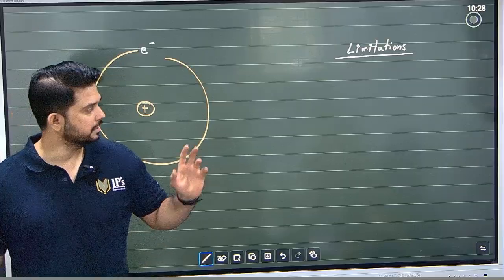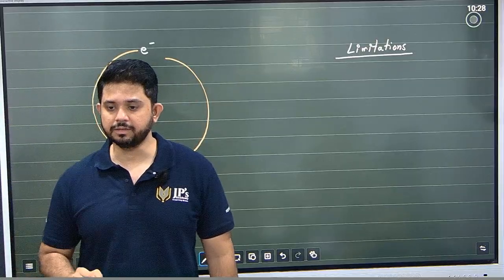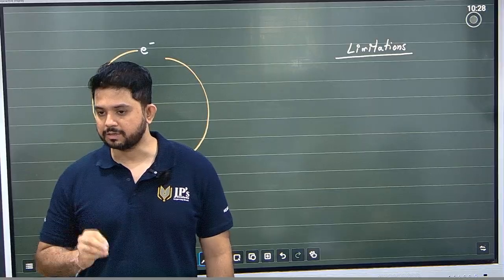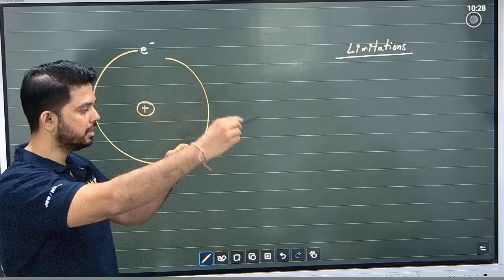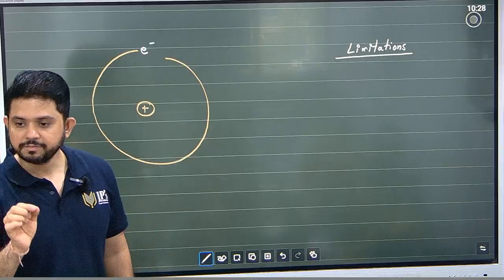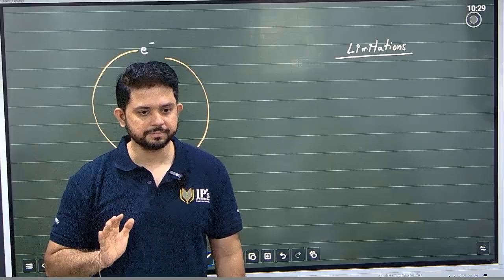However, the electron is a charged particle. The nucleus is also a charged particle. When a charged particle moves around another charged particle, it gives out energy. Basically, it will radiate energy.